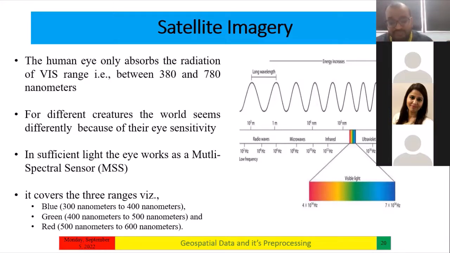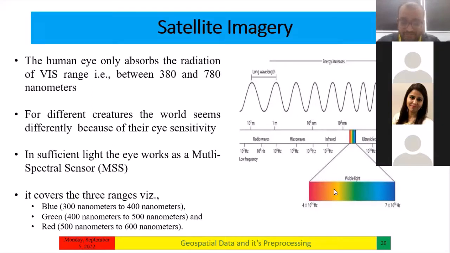Each subspectrum is allotted to a single sensor, and that sensor captures the information or reflected energy in that range only. Then it would be hyperspectral, because the range becomes narrower.